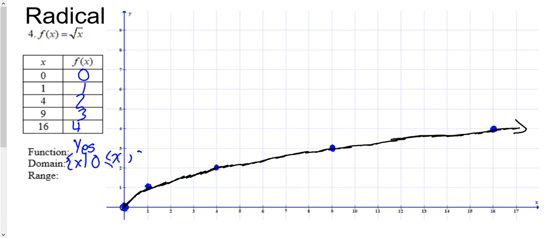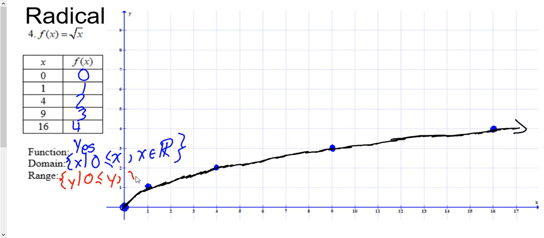But what numbers can x be after that? X is an element of a real. So x can be every real number that's bigger than or equal to 0. For my range, my y values, so how low, how high are we going? The lowest we went was 0. The highest we're going is, again, infinity. So we're going to set up y has to be greater than or equal to 0 as our first condition.